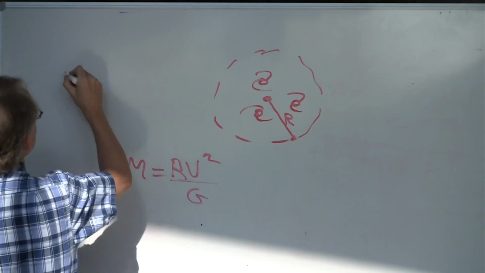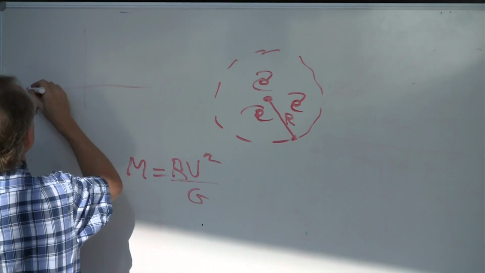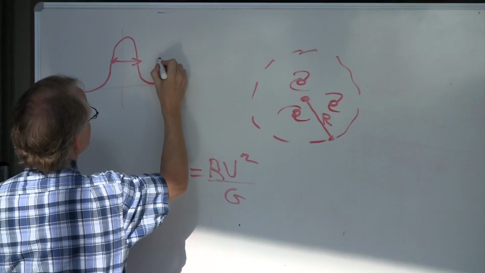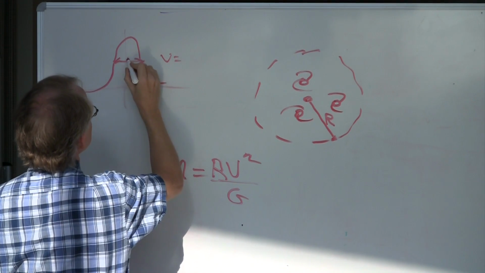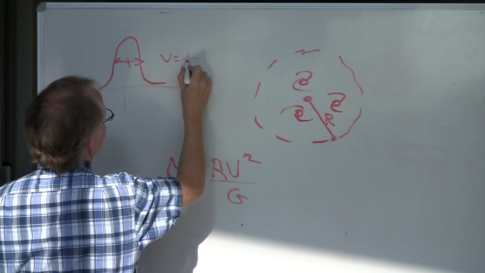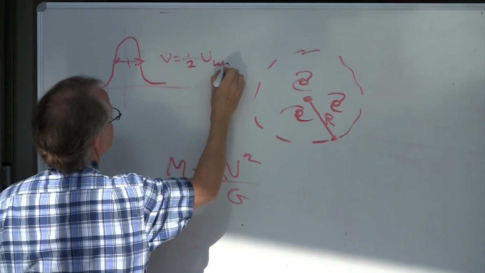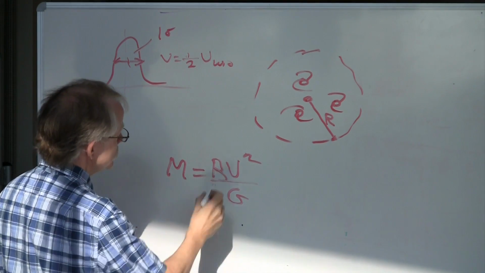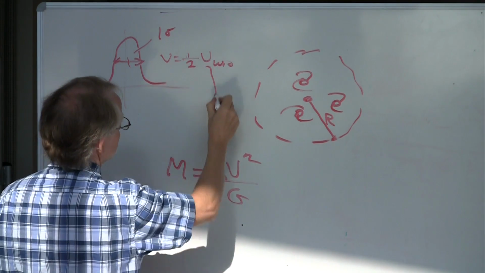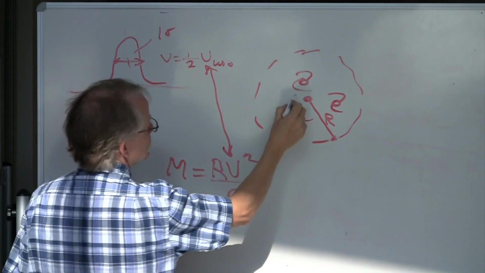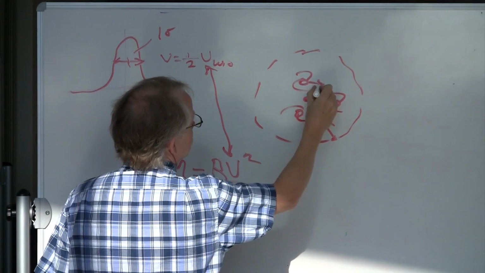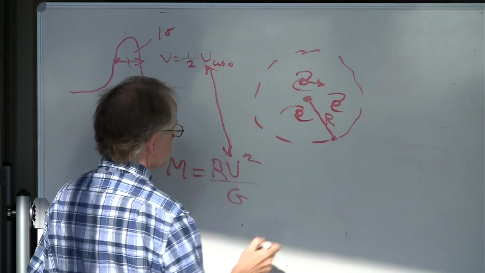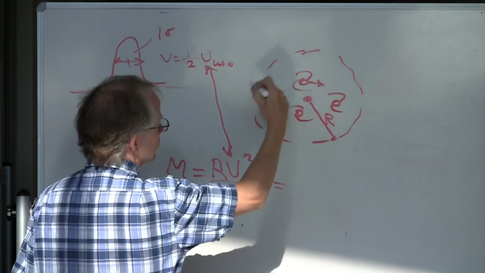V is, when you plot the speeds and you get this dispersion, 1/2 the width of the distribution, which is basically 1 sigma. It's the same sort of relative speed of these things compared to the speed of the center of mass of the whole cluster. So you can get the mass of the entire cluster.